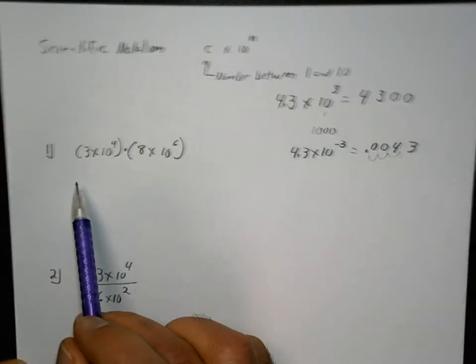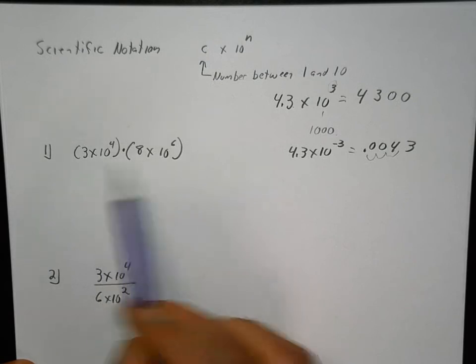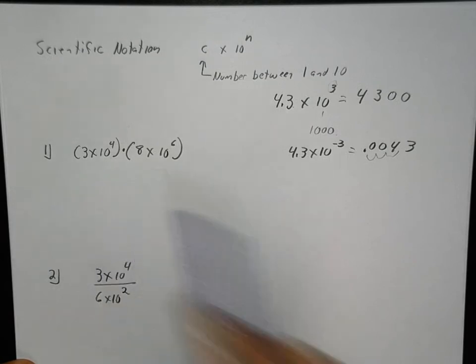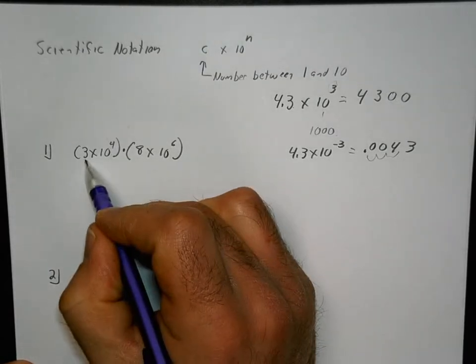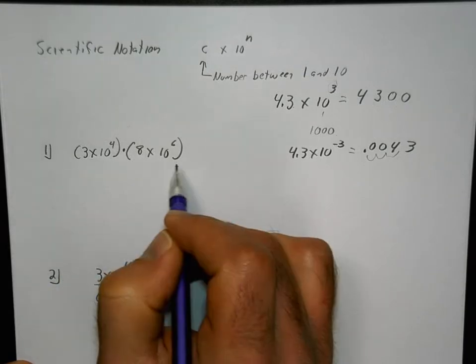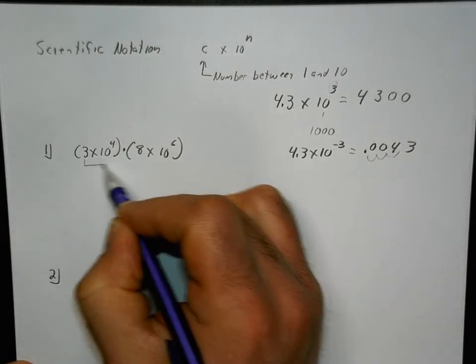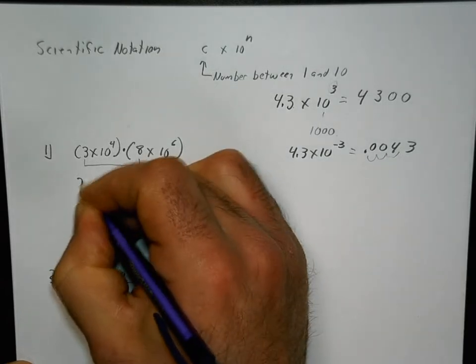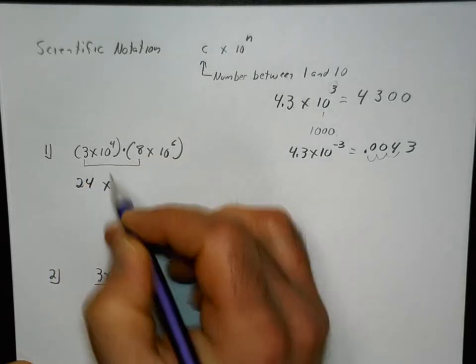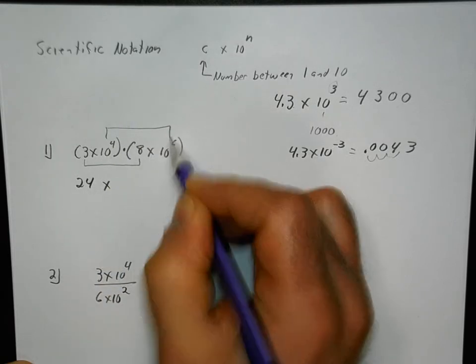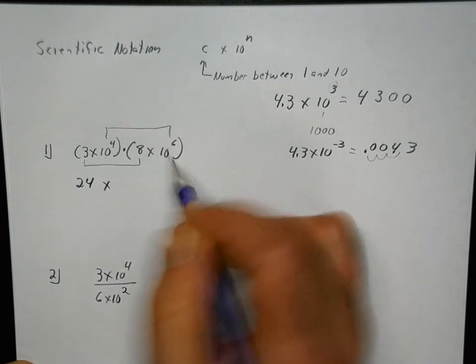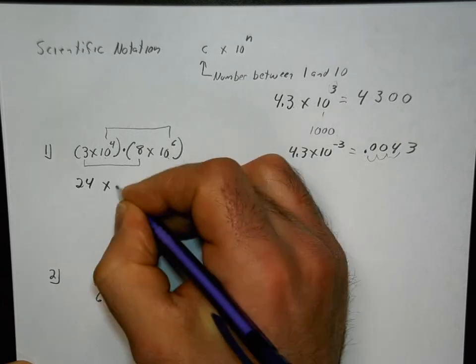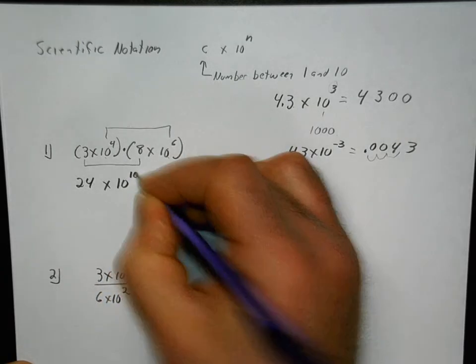Okay, so now what they're going to do in this section is they want you to multiply 2 scientific numbers together. So in order to do that, the order of multiplication doesn't matter. So we can multiply the numbers together first, 8 times 3, which is 24, and then we can multiply 10 to the 4 times 10 to the 6, and we just add the exponents and get 10 to the 10.